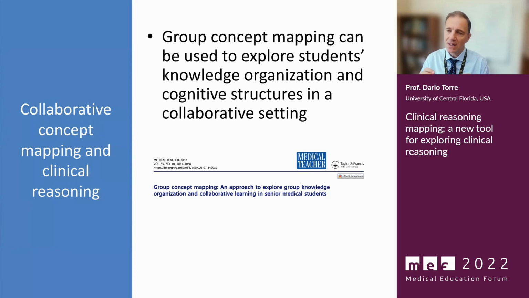But basically, the cognitive structures and the cognitive diversity of a group of students can be a very valuable approach for students to get together, to create a map together, and then to learn from each other as they create the map and as they establish the different relationships among concepts.